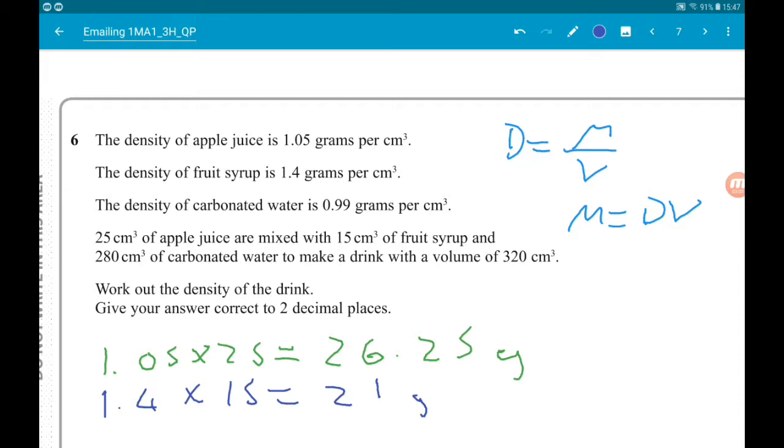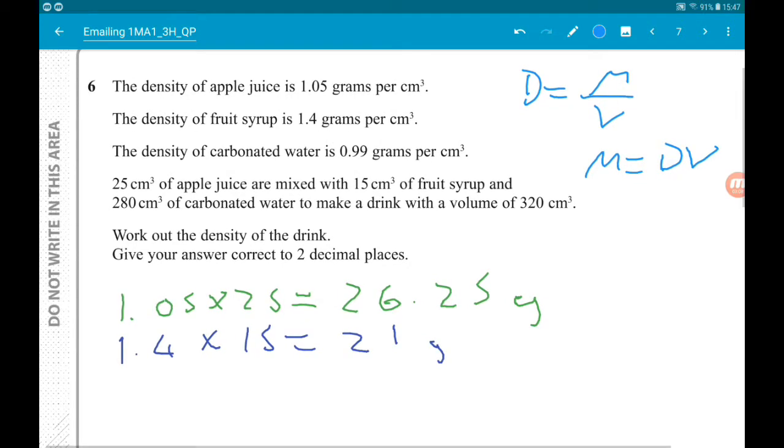And then for the water, we're gonna do 0.99 times 280. And that gives us 277.2.